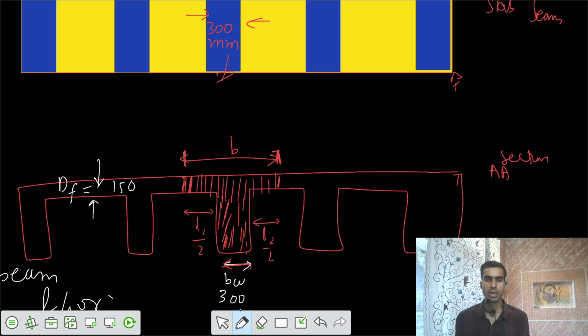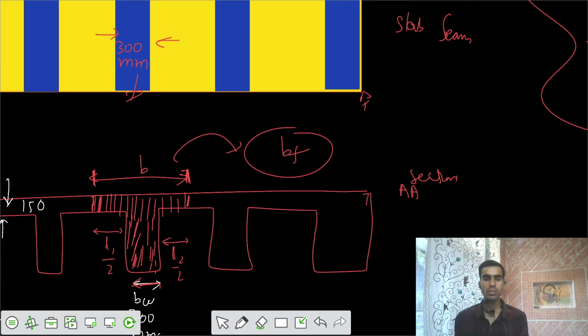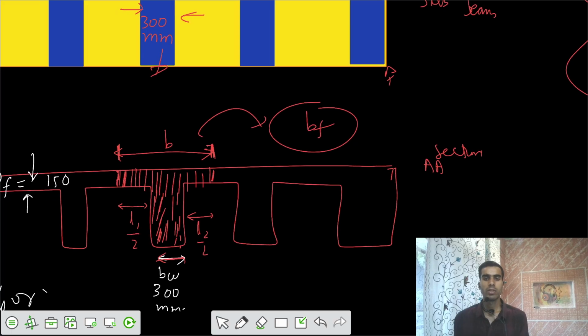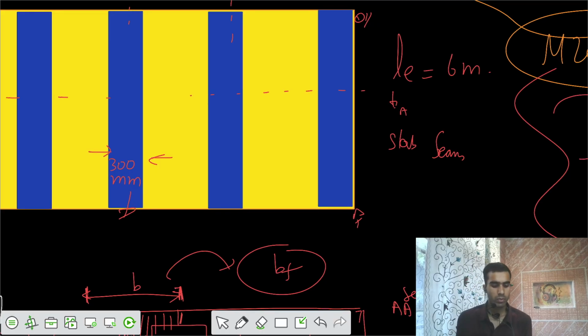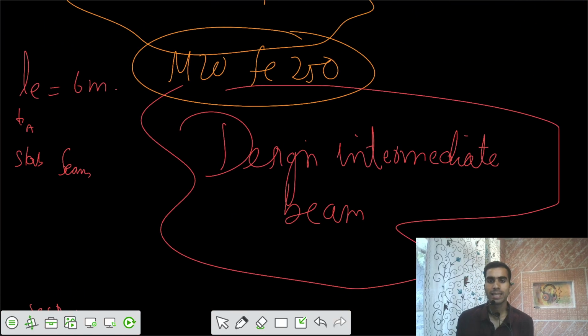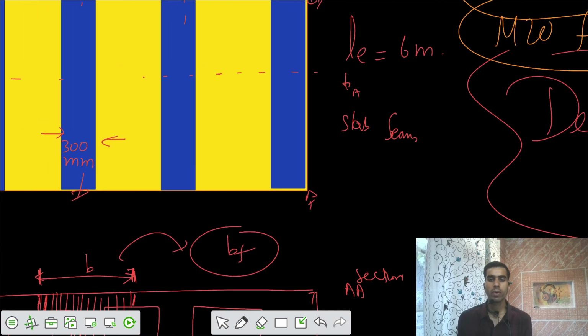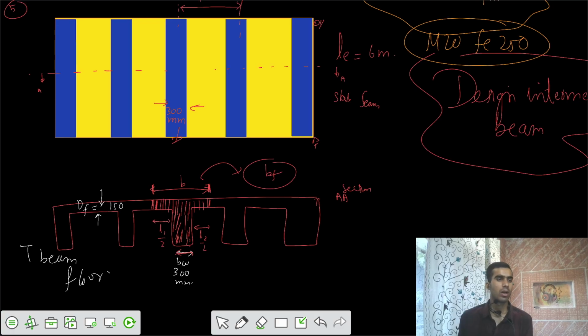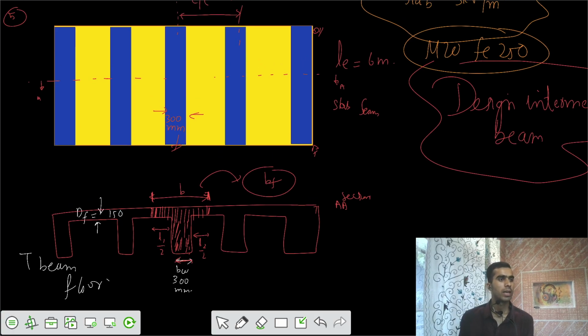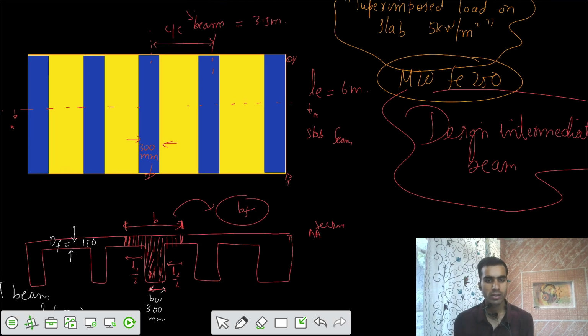After that we can take BF. From this we can now calculate BF. So this is our B. Now we need to get the BF also. What was the question mentioning? We need to design this intermediate beam. If the data is already provided, what is the thing that we need to design?